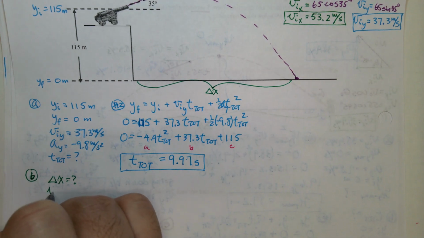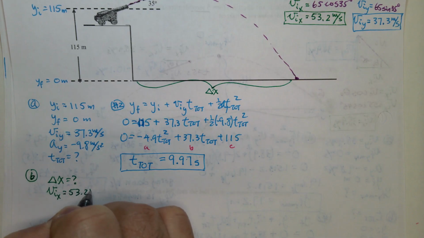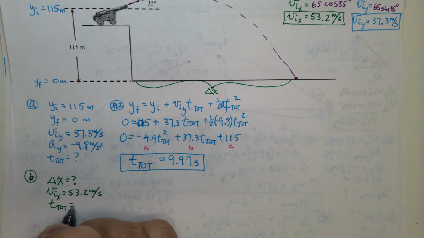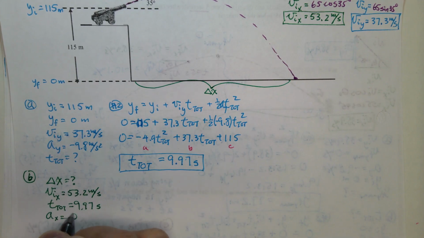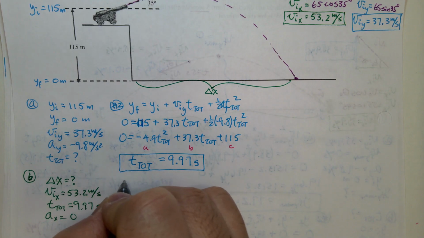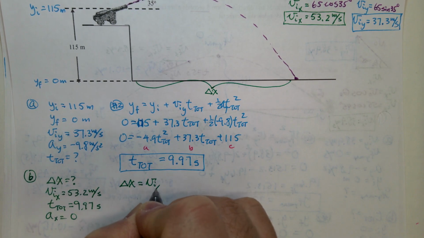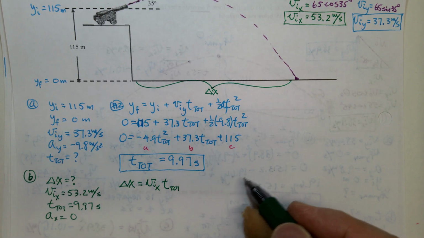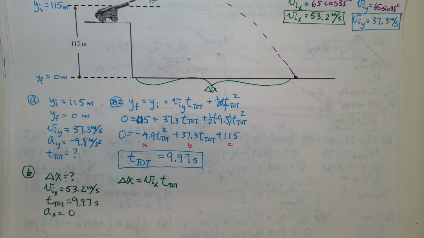And since we already know my VIX, which is 53.2 meters per second, I know my T total. My T total is now 9.97 seconds. A sub X is 0. Therefore, if I use equation 2 in the x direction, my delta x is equal to VIX T total plus 1/2 a sub x t squared, but this a sub x is 0, so the whole term just drops out to 0.